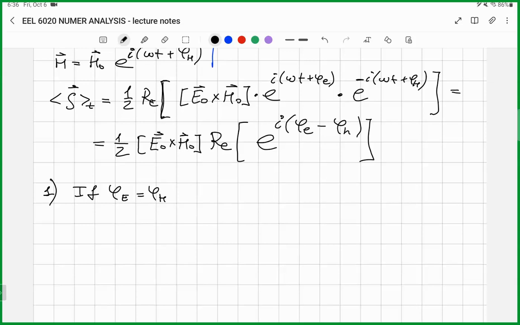In this case, the exponential function turns into 1, and the real part of 1 is 1. So we get for the time average of the Poynting vector the result that we had above, right? 1/2 of the electric field times the magnetic field amplitudes.